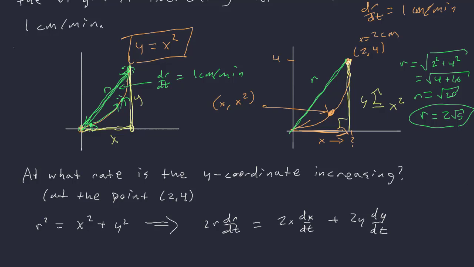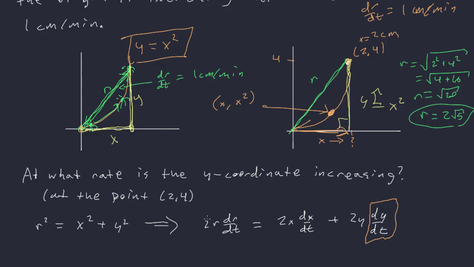Now this is what we're looking for: dy/dt. We have the x, we already found dx/dt, we have dr/dt, we have the r, all these things we've already found. So now it's just a matter of solving for dy/dt.